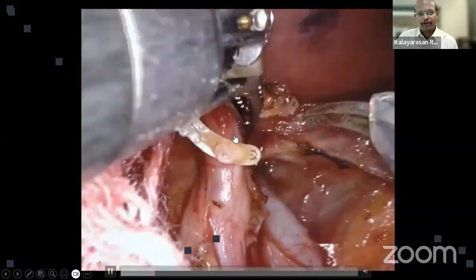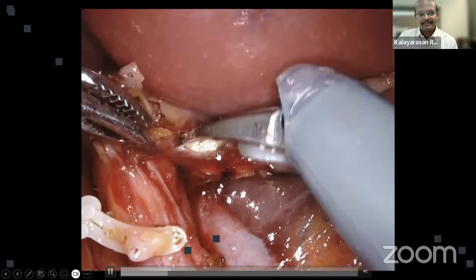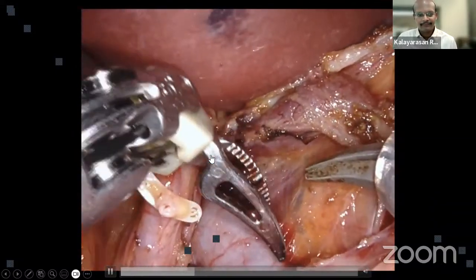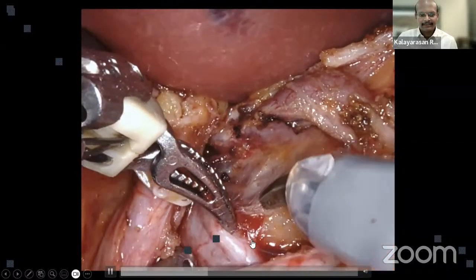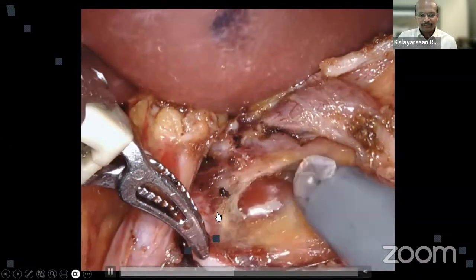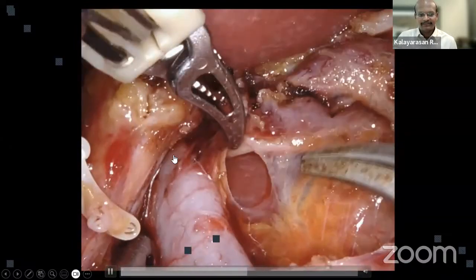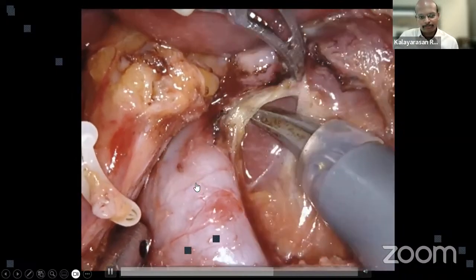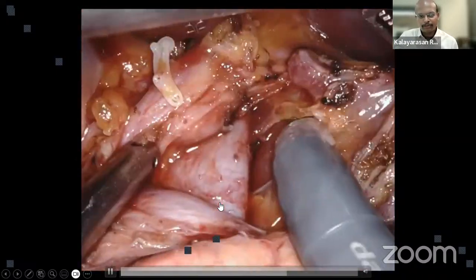So we go along the, you can see here, this is the lymph node along the hepatic artery. And then this is the portal vein. So we make sure that we take off this node and we see the left border of the portal vein. You don't have to go posterior to the portal vein.